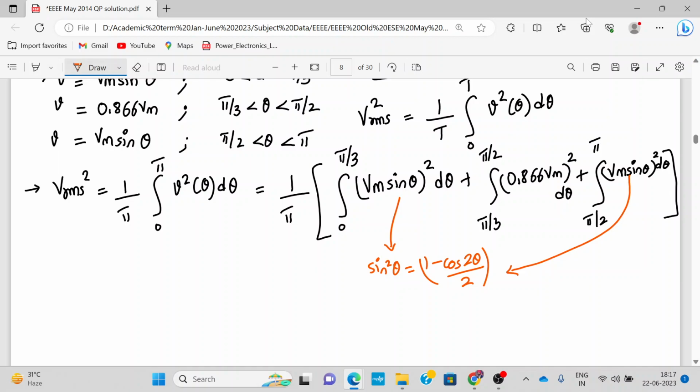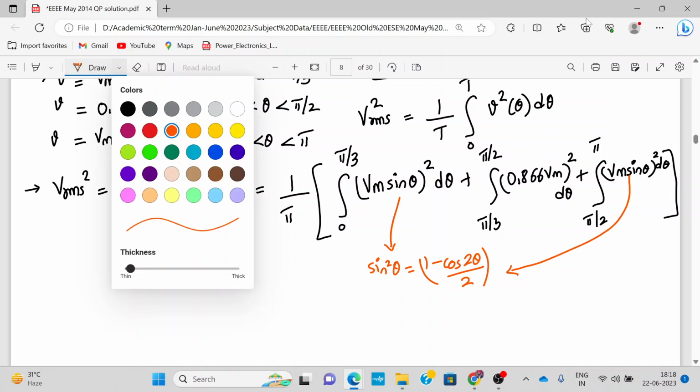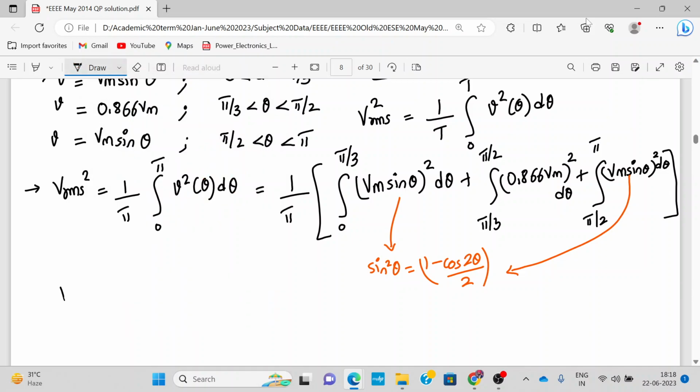Is it okay if I directly give you the answer? You all can solve it, save some time. Okay. So Vrms, you can solve it out later. 0.687 Vm. That is the answer. Okay.